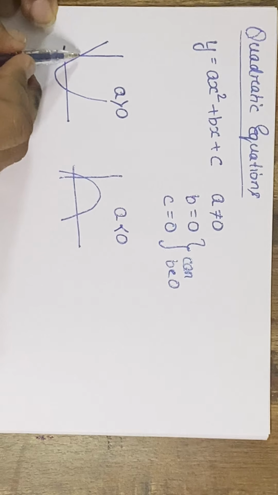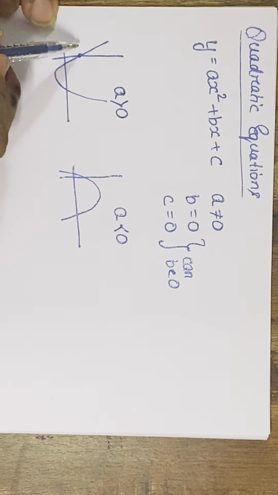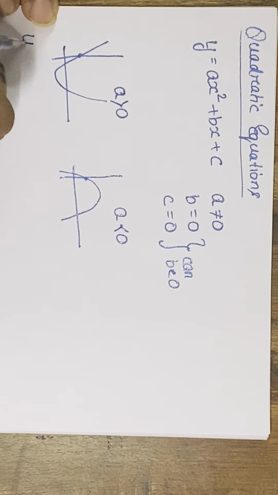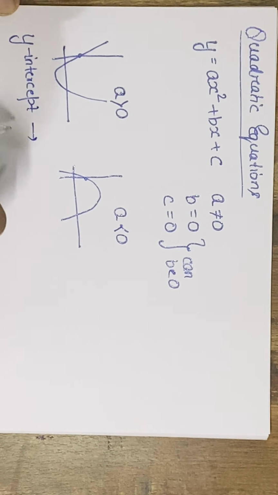Now you see this point, it cuts the y-axis. If I want to find where the equation cuts the y-axis, this is known as the y-intercept. We know that at the y-intercept, the value of x is equal to 0.